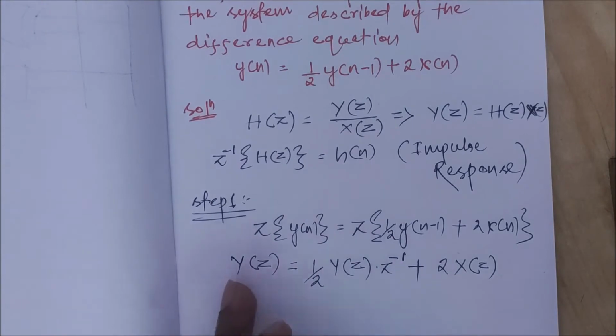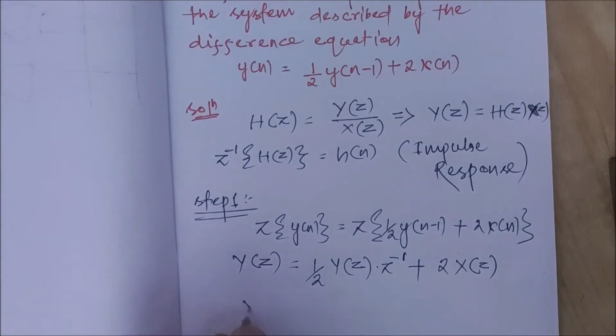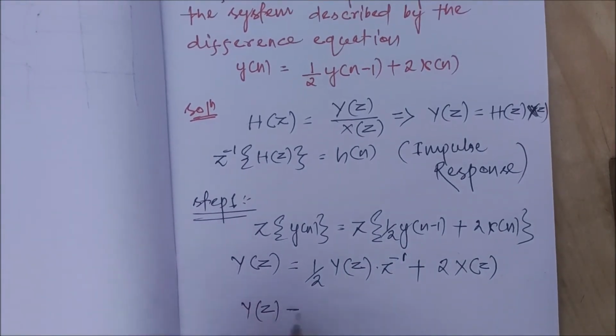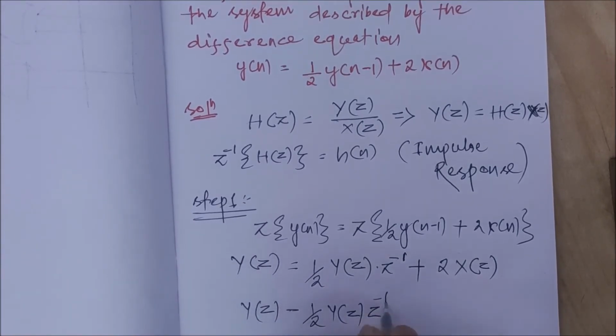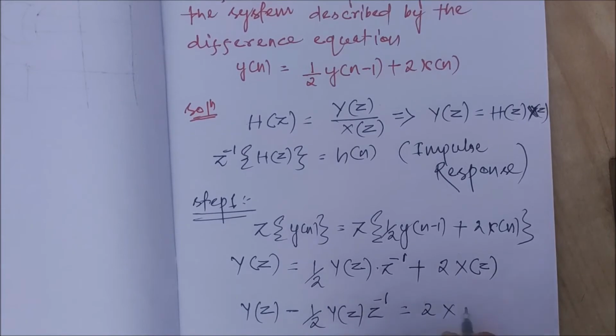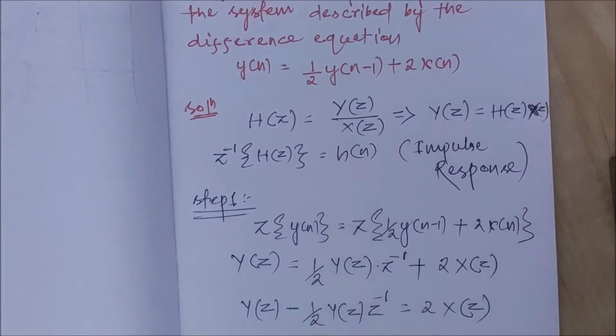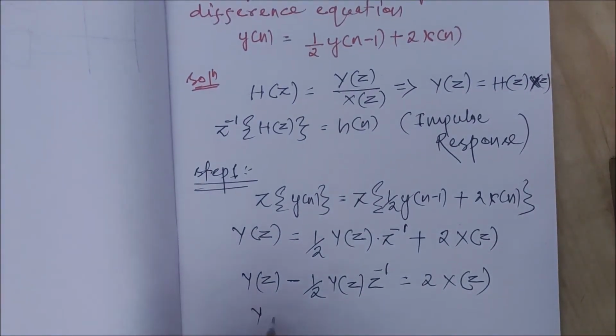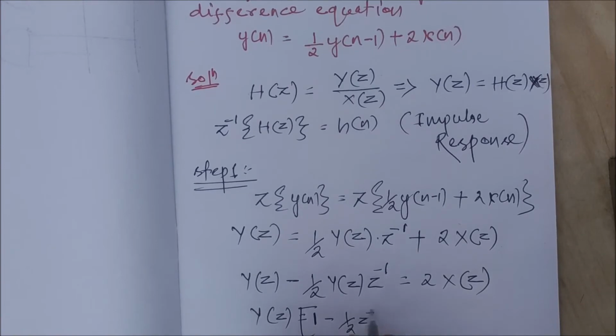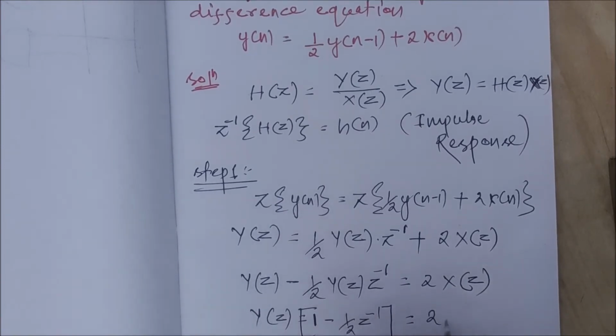Now taking the Y term to the LHS, we have Y of z minus 1 by 2 Y of z z inverse is equal to 2 times X of z. Taking Y of z common, we have Y of z times 1 minus 1 by 2 z inverse is equal to 2 times X of z.